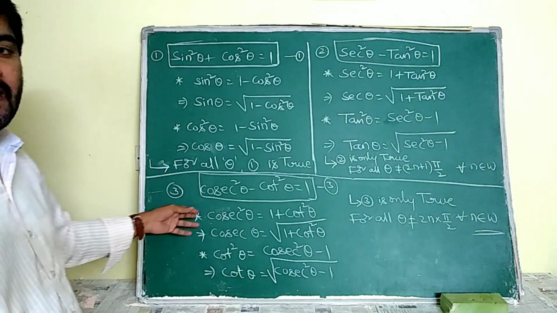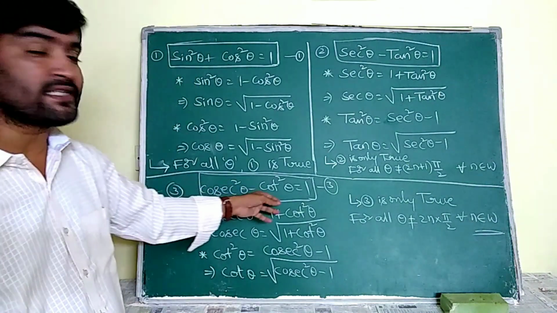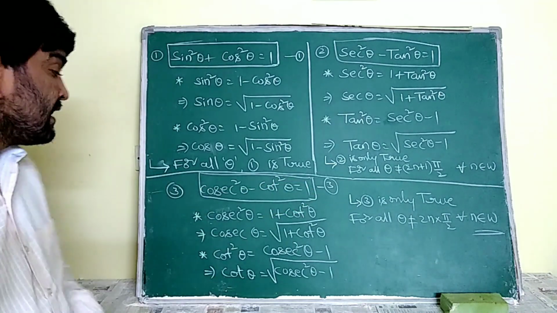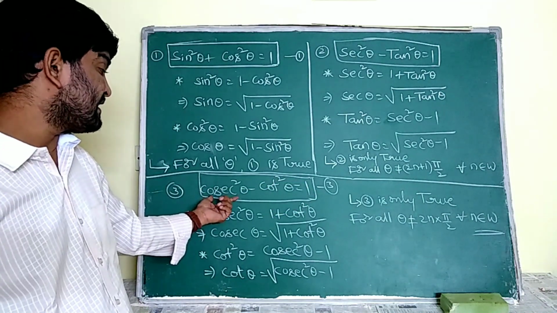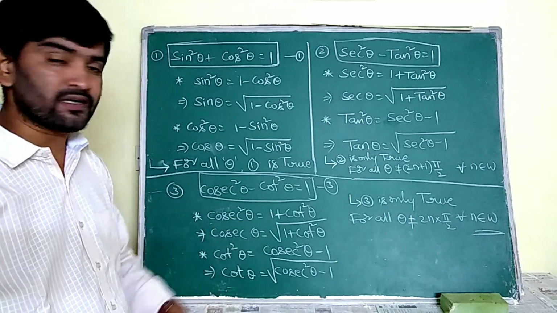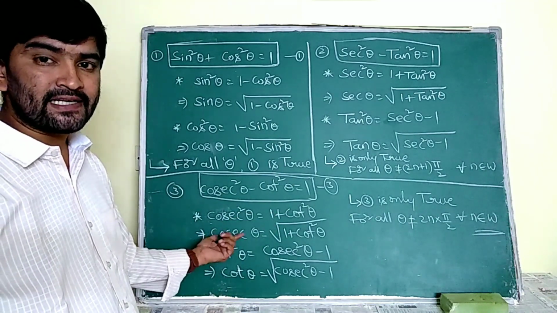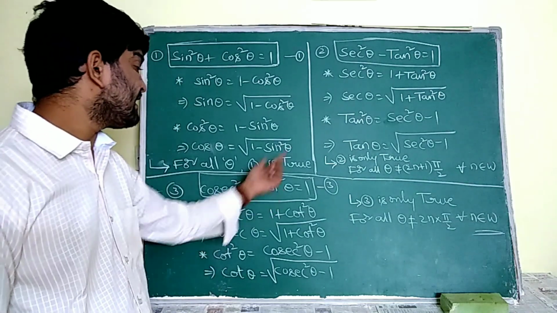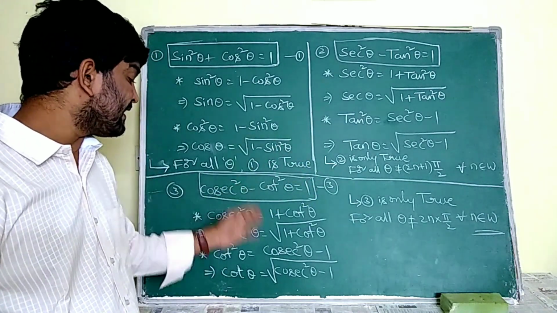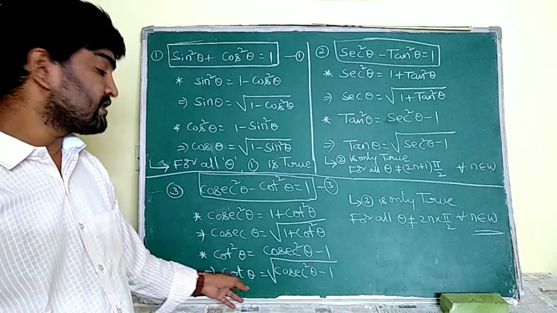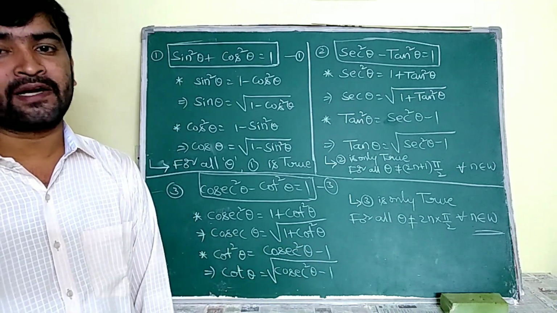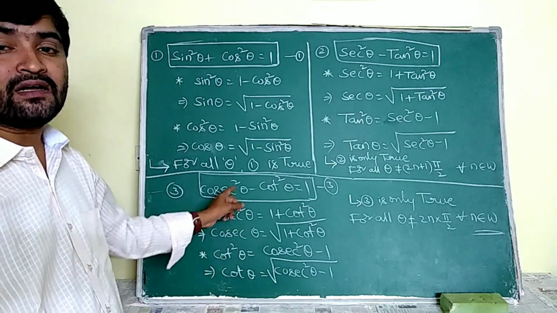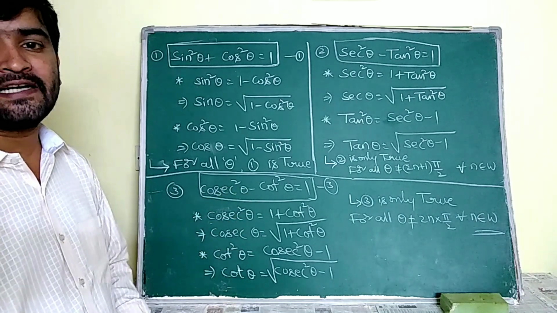Now coming to identity 3, cosecant square theta minus cot square theta is equal to 1. So from this cosecant square theta is equal to 1 plus cot square theta. So cosecant theta is equal to root over 1 plus cot square theta. Now cot square theta is equal to cosecant square theta minus 1. So cot theta is equal to root over cosecant square theta minus 1. These are the formulas related to identity 3.